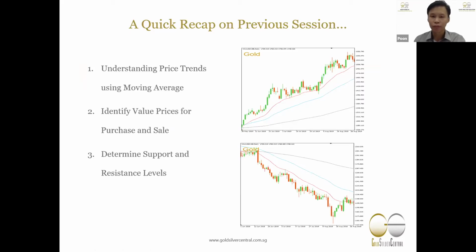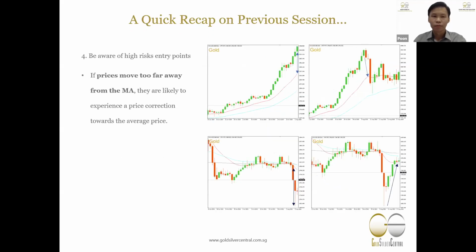Same for downtrend: if prices are below the EMAs and they are pointing lower, then it is in a downtrend. Using moving averages, we can also identify the support and resistance levels and also spot value areas for entries. Lastly, we also talked about being careful of high risk entry points.